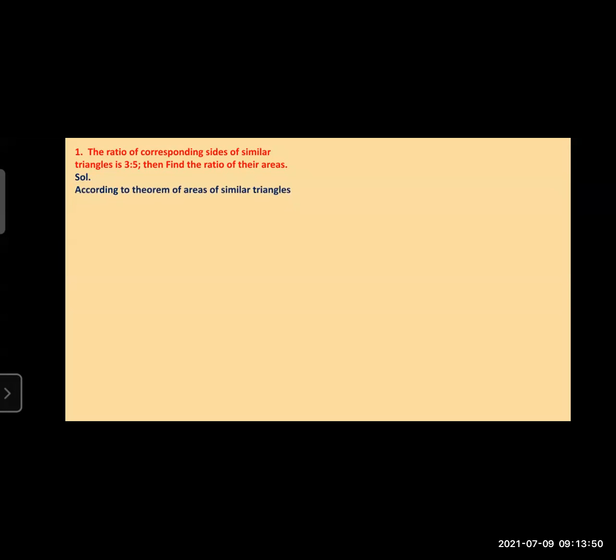According to the theorem of areas of similar triangles, the ratio of the area of the first triangle to the second triangle is equal to S1 square by S2 square. Here S1 is the corresponding side of triangle 1 and S2 is the corresponding side of triangle 2.